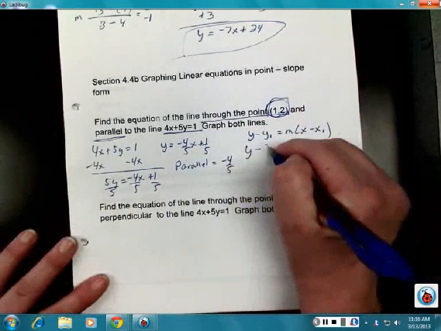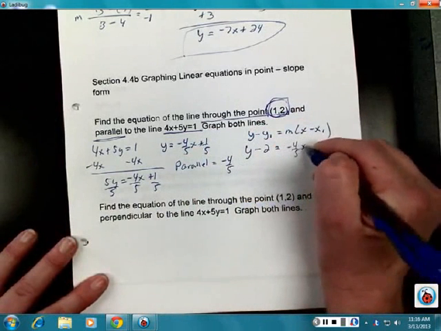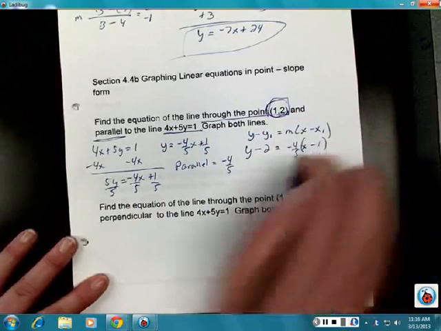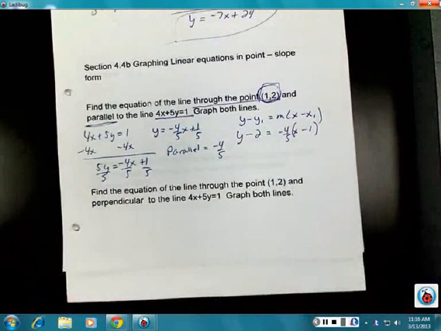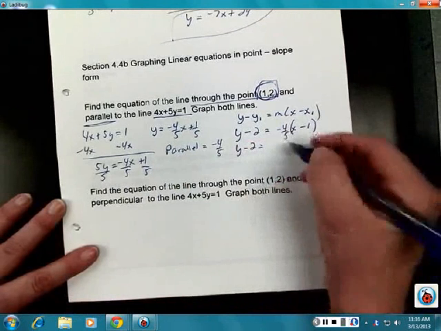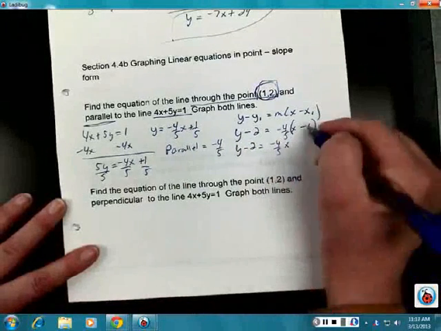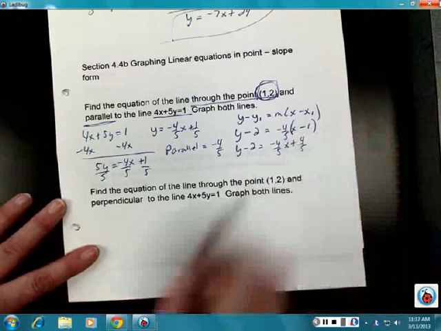So it's going to be y minus 2 is equal to negative 4/5 times x minus 1. Work that out. Y minus 2. Negative 4/5 times x is negative 4/5 x. Negative 4/5 times negative 1 is plus 4/5.